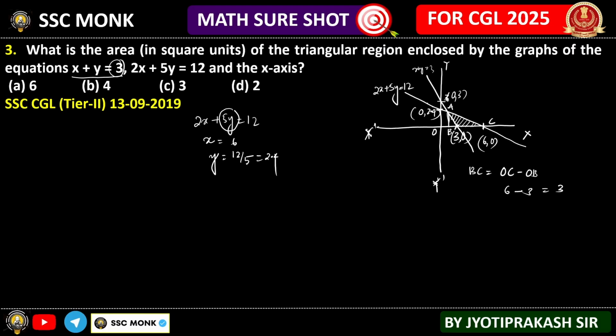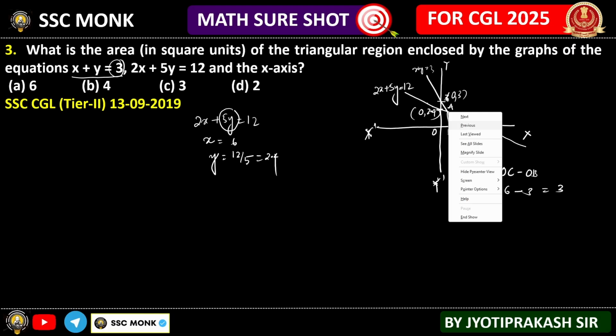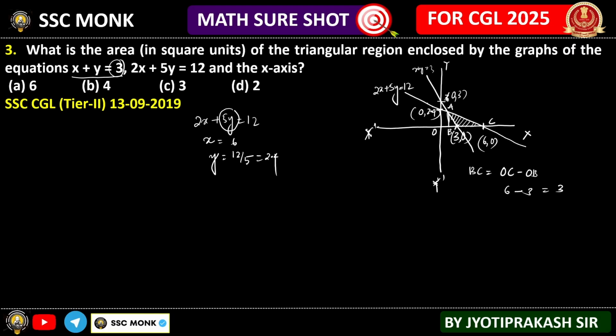Now how to find out this height? This is an intersection point, right? How can I find it out? If I can find the values of x and y which satisfy both these conditions, then only I will be able to solve this. Now let's say I write x plus y is equal to 3, 2x plus 5y is equal to 12.